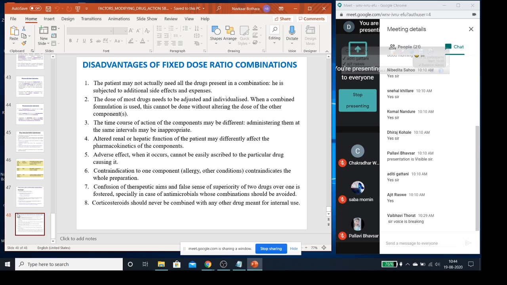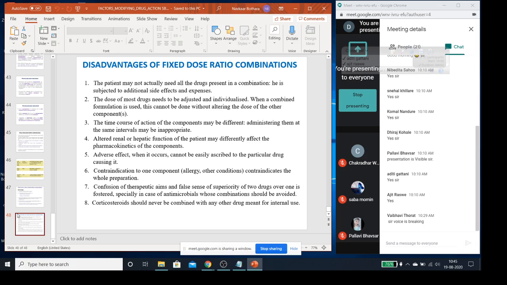The dose of most drugs needs to be adjusted and individualized. When a combined formulation is used, it cannot be done without altering the dose of the other compounds. For example, there are two drugs which we know are needed, and as per our need, drug A dose should be 50 milligram and drug B dose should be 25 milligram.